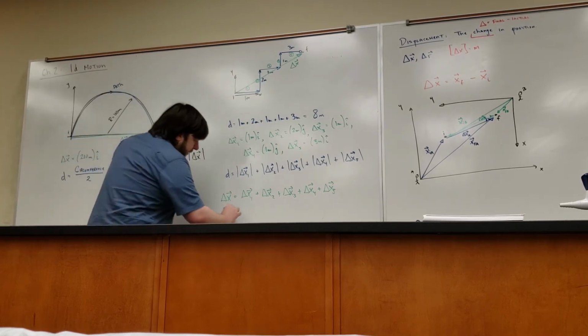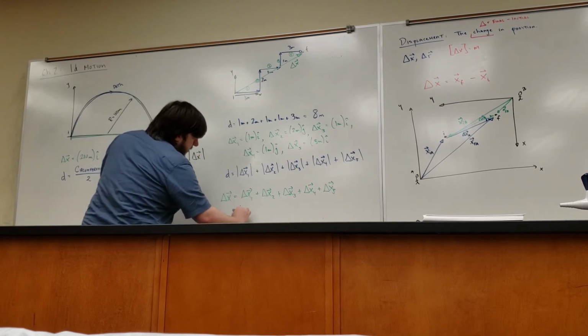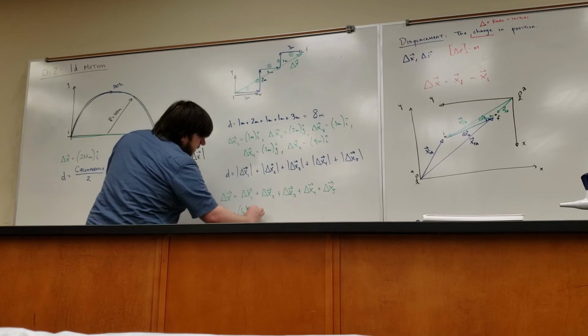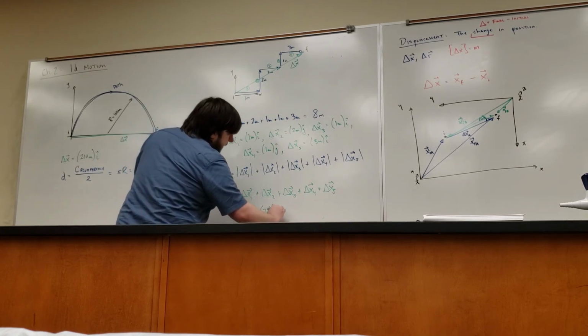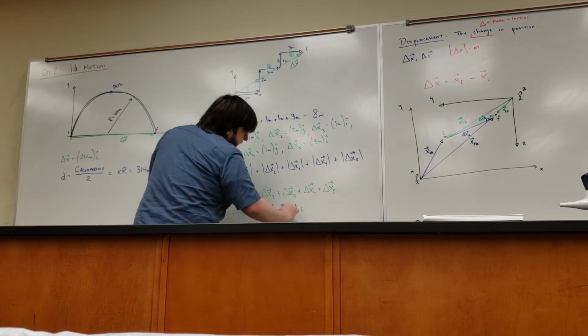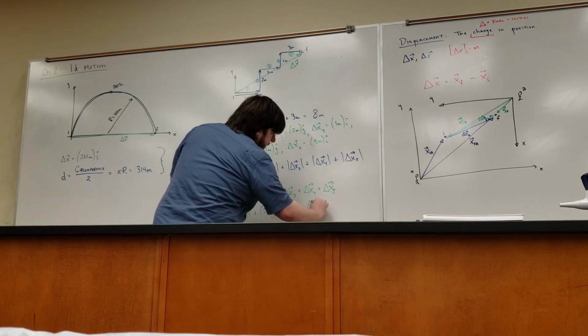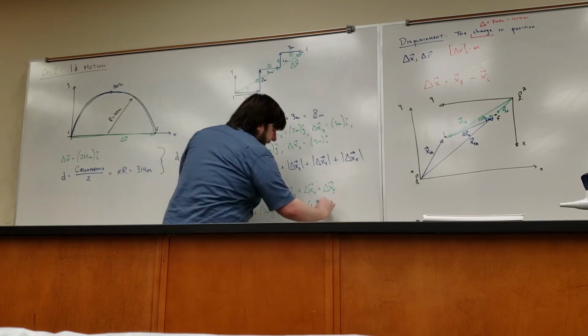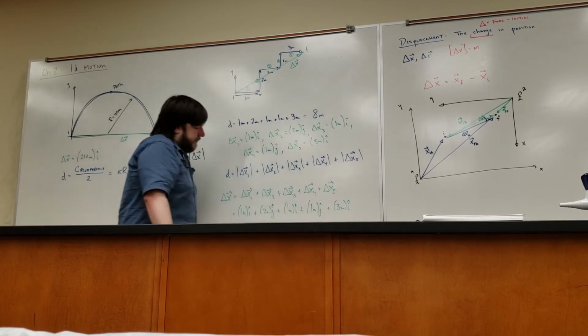Okay? Delta x1 is 1 meter i hat. Delta x2 is 2 meters j hat. Delta x3 is 1 meter i hat. Delta x4 is 1 meter j hat. And delta x5 is 3 meters i hat.